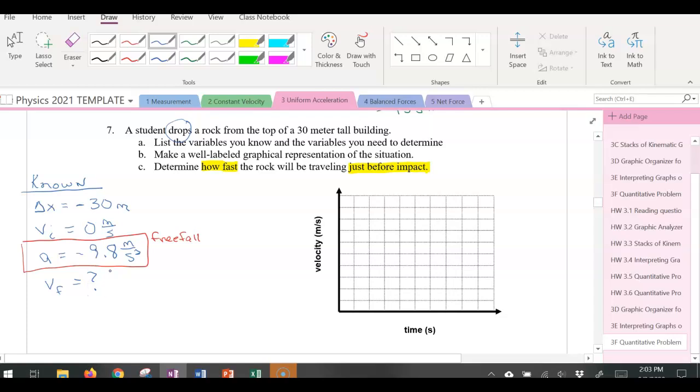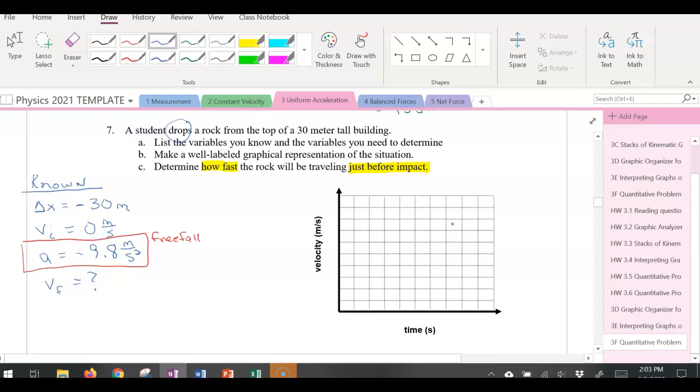Now, these words just before impact are important because remember, those kinematic equations only apply while the acceleration is constant. And once the rock hits the ground, it may bounce. I'm not sure what it will do, but it will no longer be in free fall.